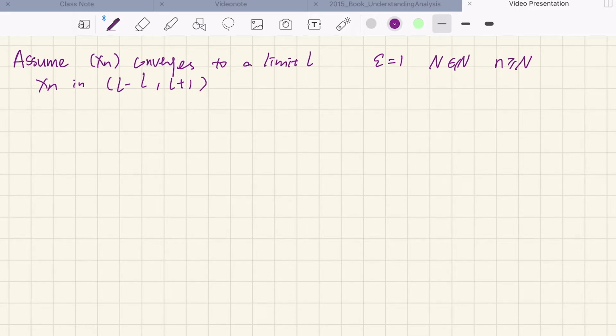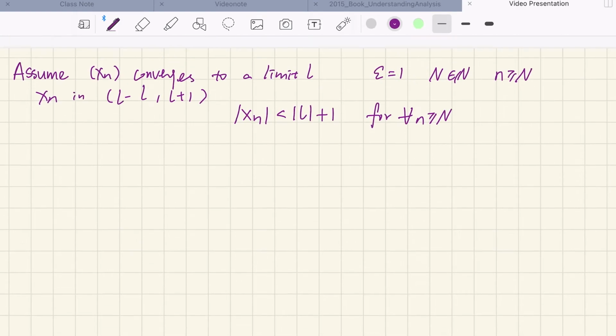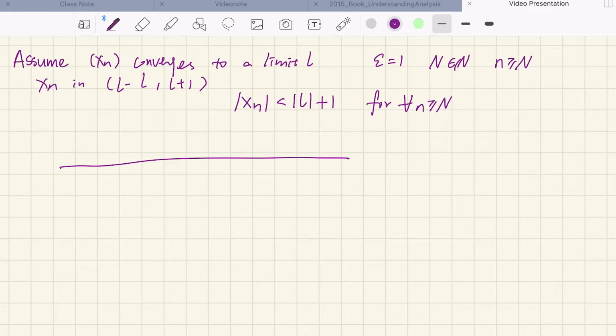Because we don't know if L is a positive number or negative number, we can conclude that the absolute value of Xn is less than absolute value of L plus 1 for all n bigger than or equal to the big N. To be more visualized, I wanted to draw a graph here.